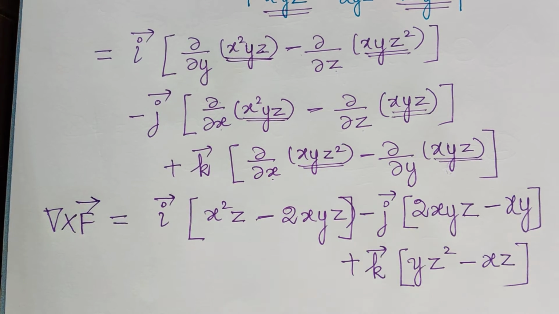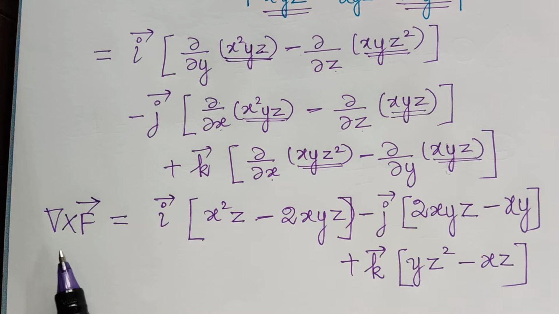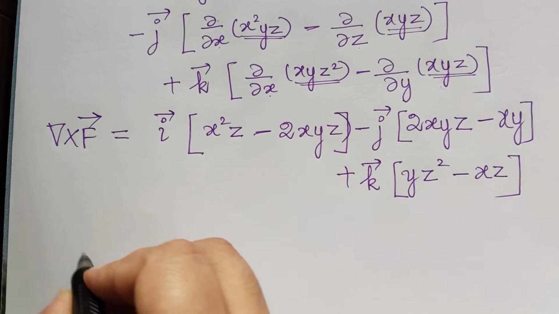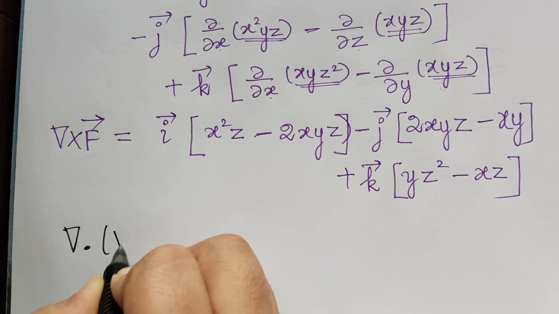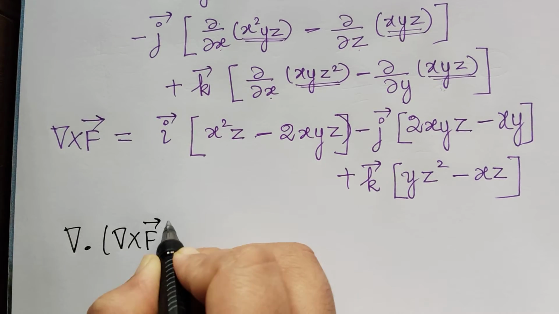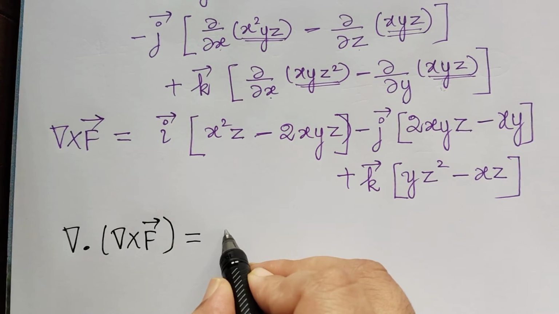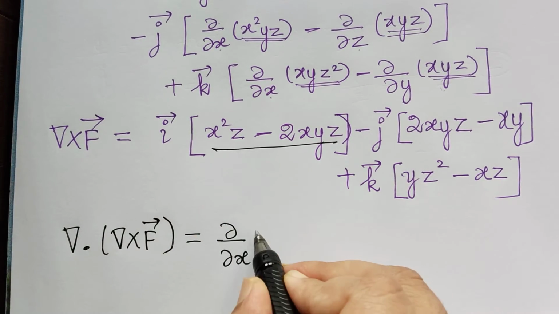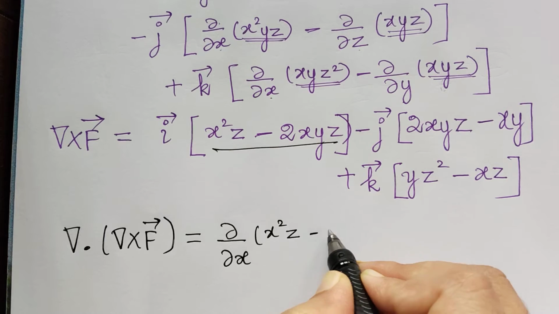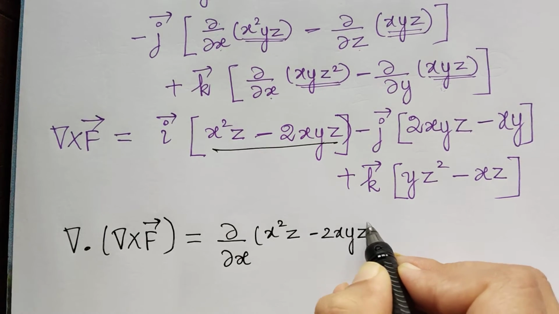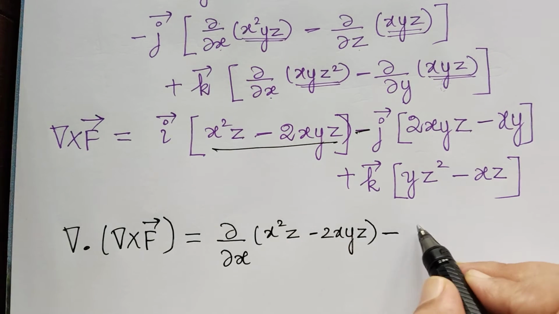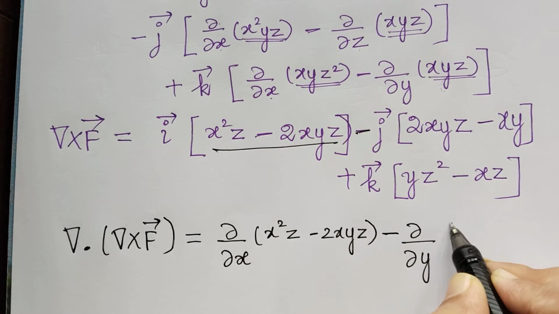Now using this vector, we shall find nabla dot nabla cross f vector, that is the divergence of this curl vector. Now what is divergence? Divergence is dou by dou x of the ith component, that is x square z minus 2xyz, and then plus, but here we have a minus, so plus into minus will become minus dou by dou y of the jth component.